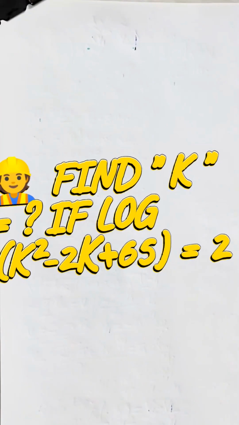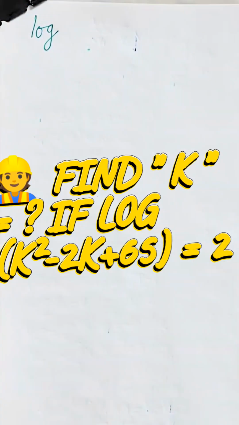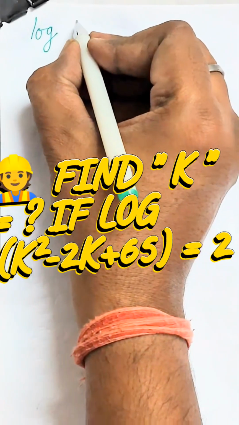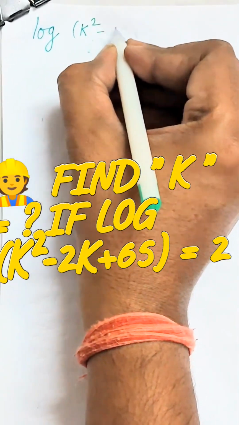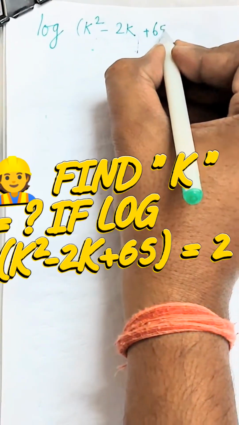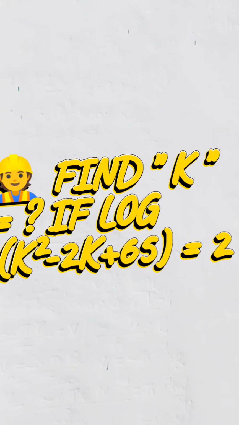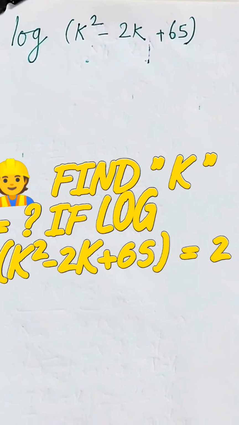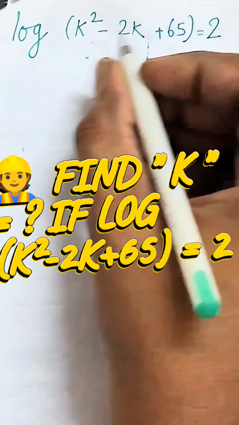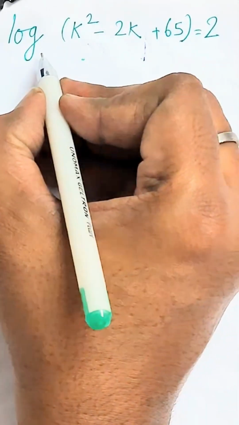The question is that if log of k² - 2k + 65 is equal to 2, and the log of k² - 2k + 65 is to the base 5 minus k.